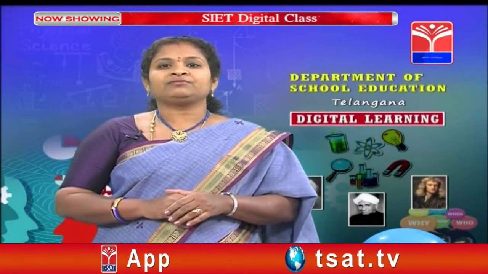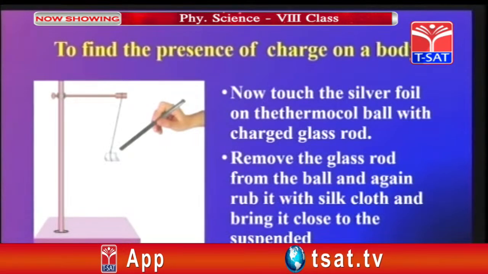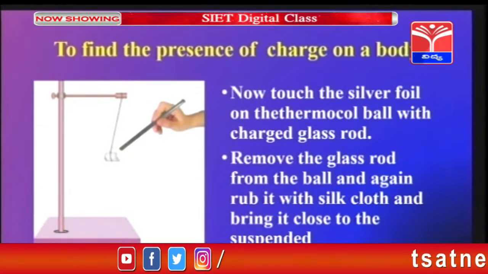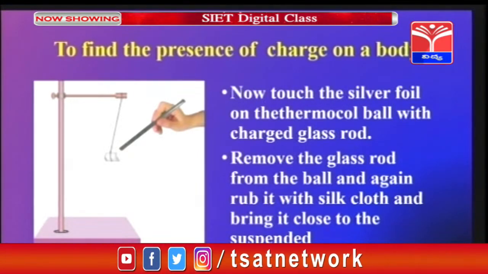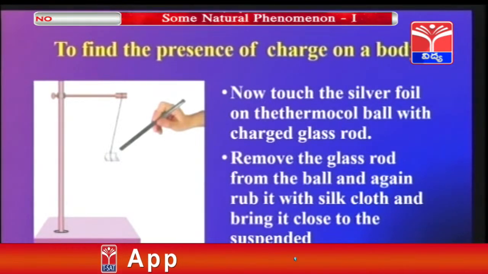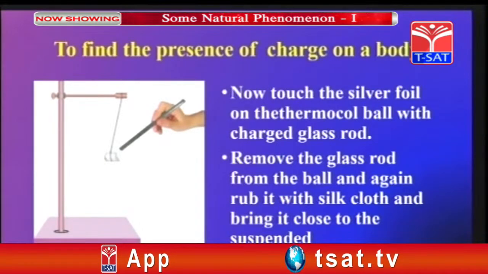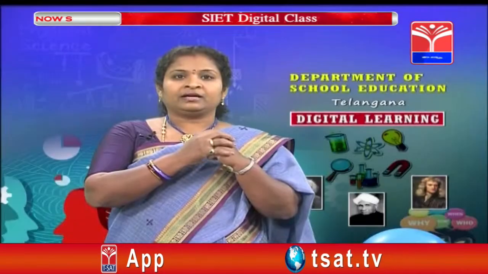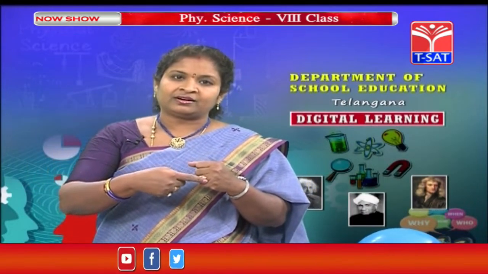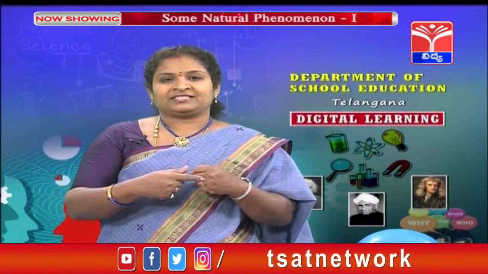Now touch the silver foil on the thermocol ball with the charged glass rod. And then remove the glass rod from the ball and again rub it with a silk cloth. And again bring it close. See here what happened. Once you bring the glass rod rubbed with silk towards it, the thermocol ball will obtain the opposite charge. And again when you bring another glass rod, what happens?